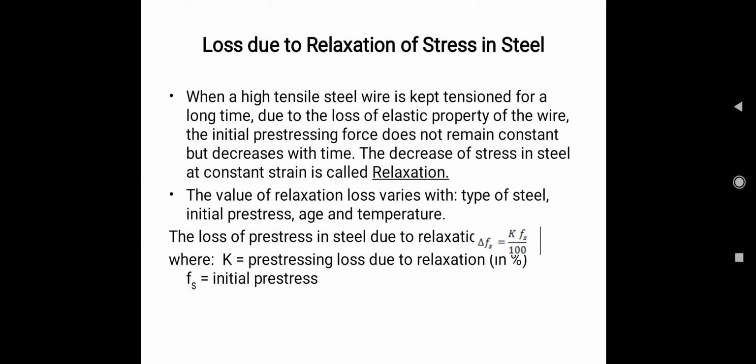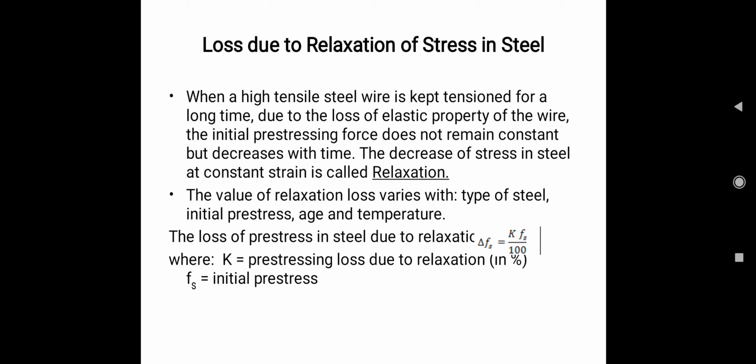The relaxation of steel depends upon various factors such as intensity of stress, duration of stress, and type of steel used. As the intensity of stress increases, loss of pre-stress due to relaxation of steel will also increase.